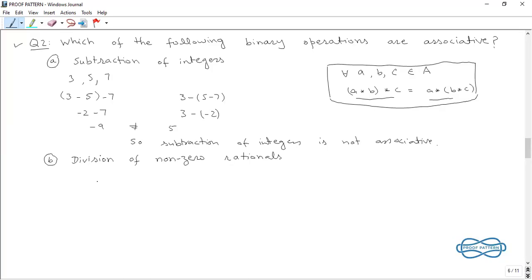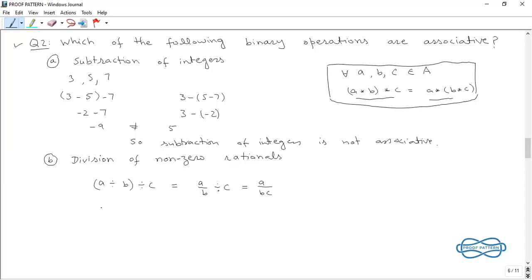Okay, we move further. We have to check whether division of non-zero rational numbers is associative or not. So if we take this binary operation between three rational numbers, (a divided by b) divided by c, a divided by b means a over b, divided by c, and that will be a over bc.